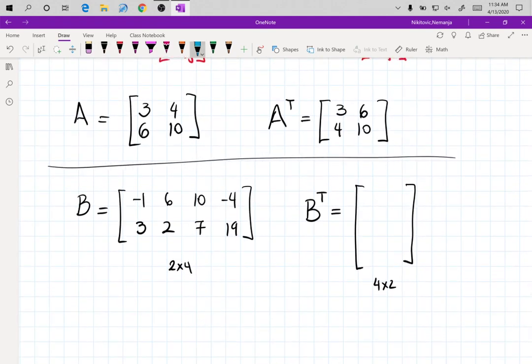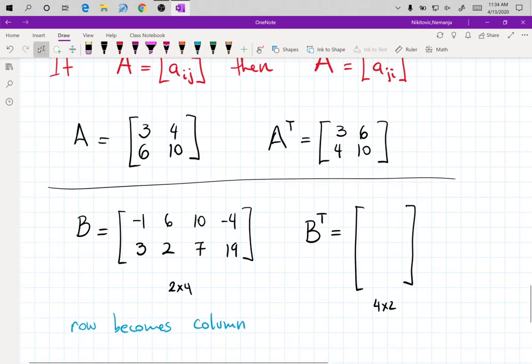You can actually write that as a row becomes column, and the column becomes row. So the row now becomes a column, so -1, 6, 10, and -4. And then we have the 3, 2, 7, and 19.